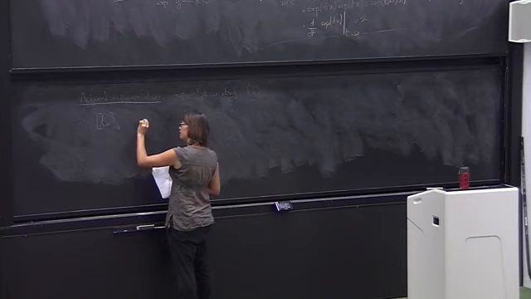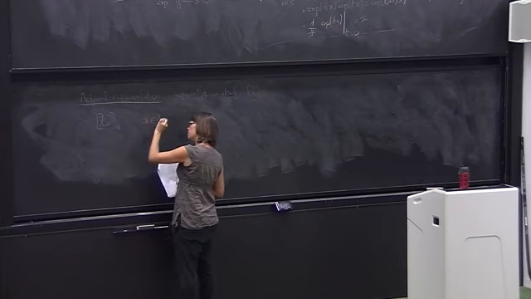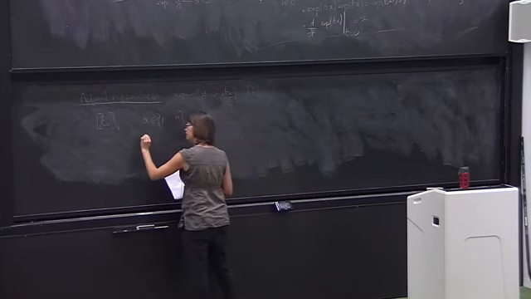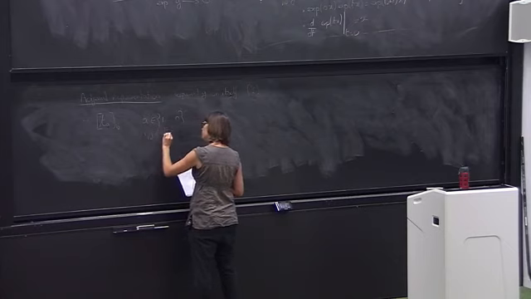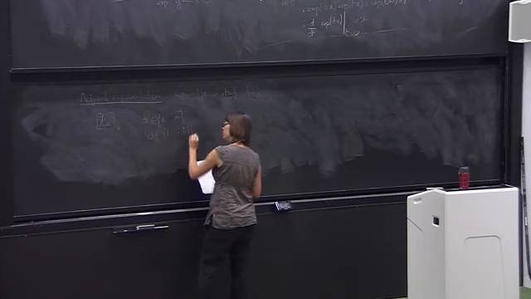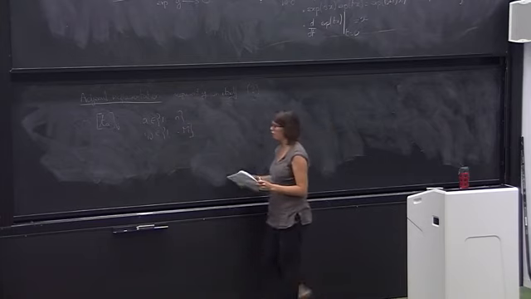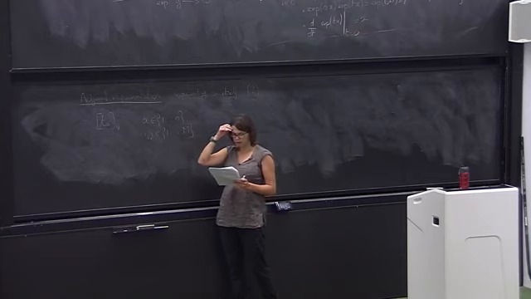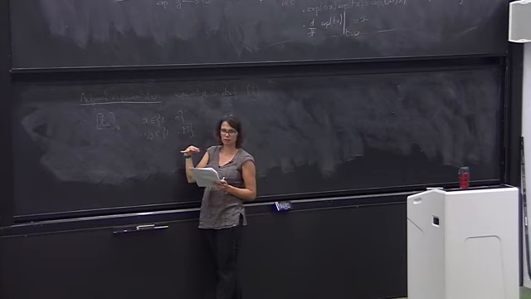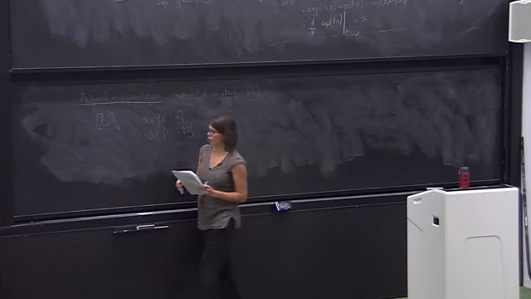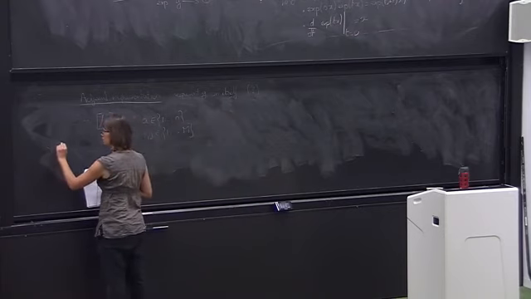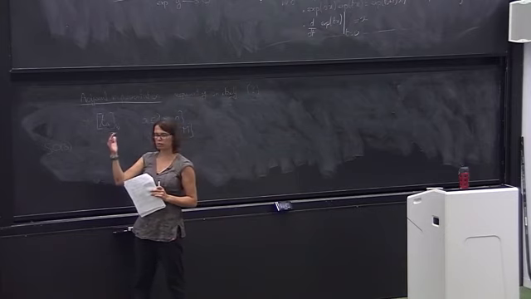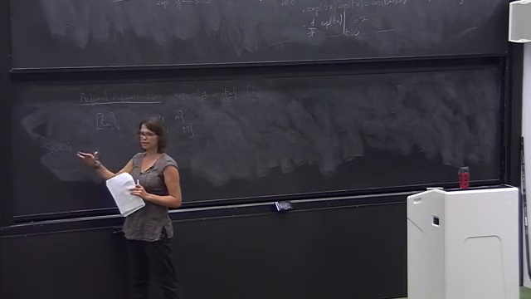So A can go from 1 to n, and let's say that i, j can take the value from 1 to another value m. So what are n and m here? N is the number of real parameters of the group you started with. If you remember, for SO(3), we started with 3 rotations, so 3 angles: the rotation around the x-axis, y-axis, and z-axis.